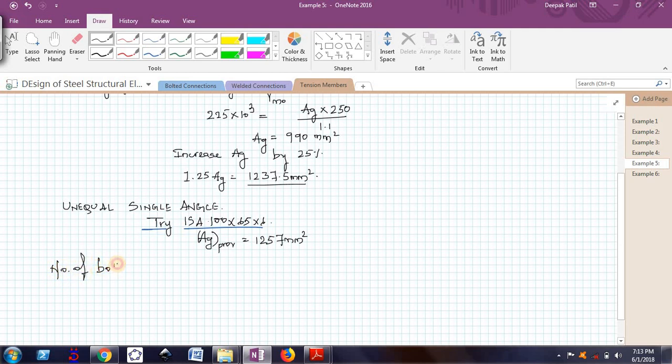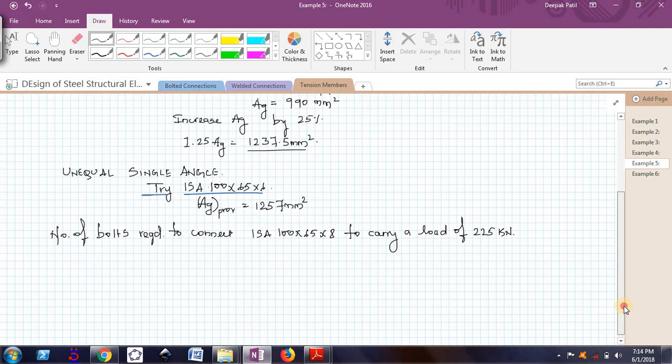Number of bolts required to connect ISA 100 by 65 by 8 to carry a load of 225 kilonewton.